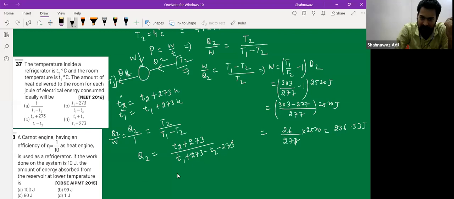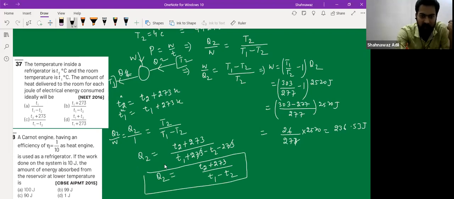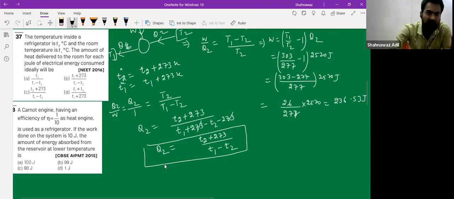Right, so this cancels, and we have T2 plus 273 by T1 minus T2. So this is Q2. But they want us to calculate Q1 here, right? Because Q1 is the heat that goes out to the room, that is delivered to the room.